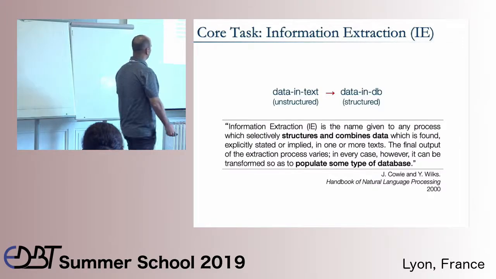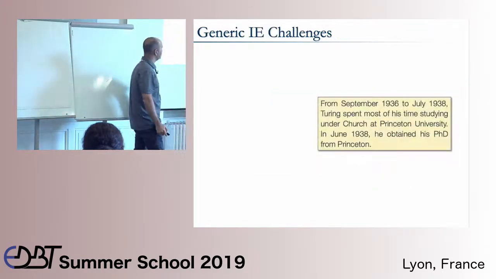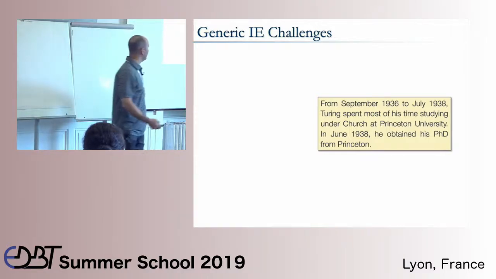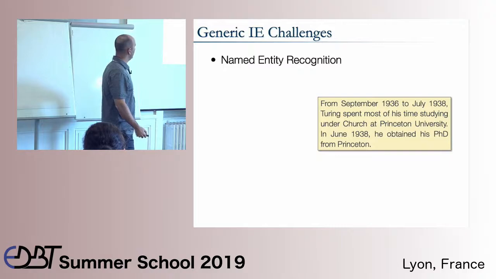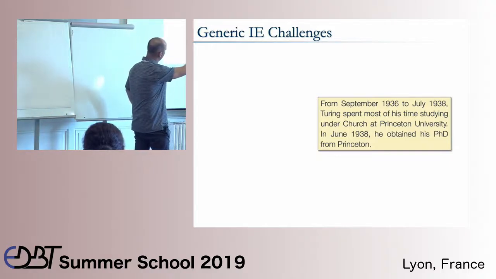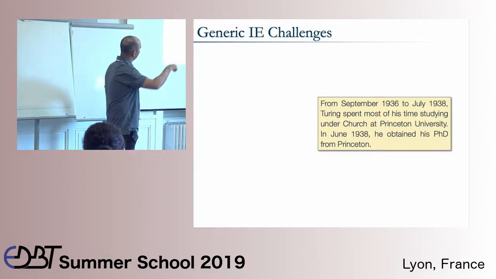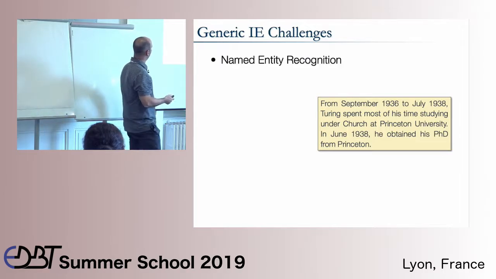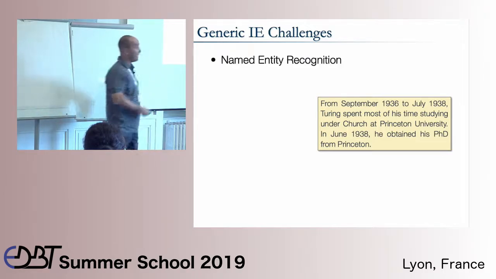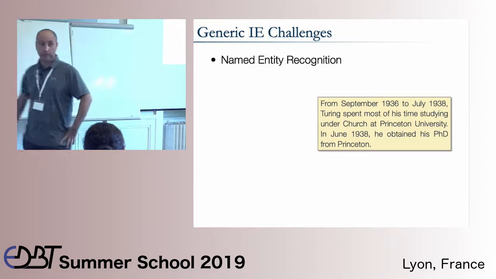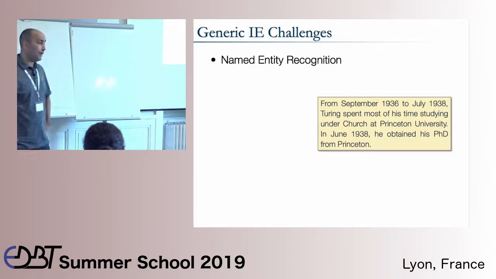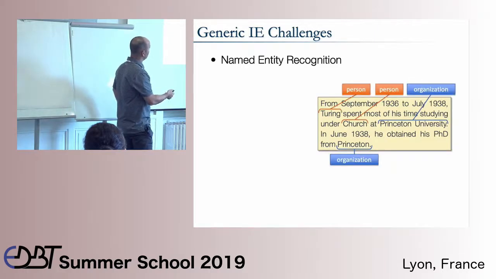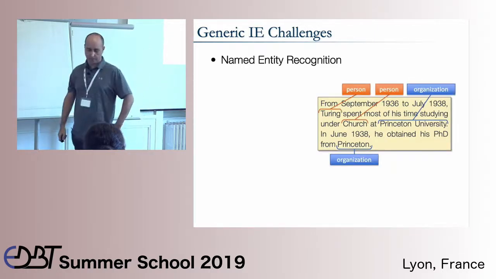Now, many tasks go under information extraction, and I'll be more specific here. Here there's a document that talks about Alan Turing. The task of entity recognition, for example, is identifying entities that are specified by their names, and also identifying the types that they have.